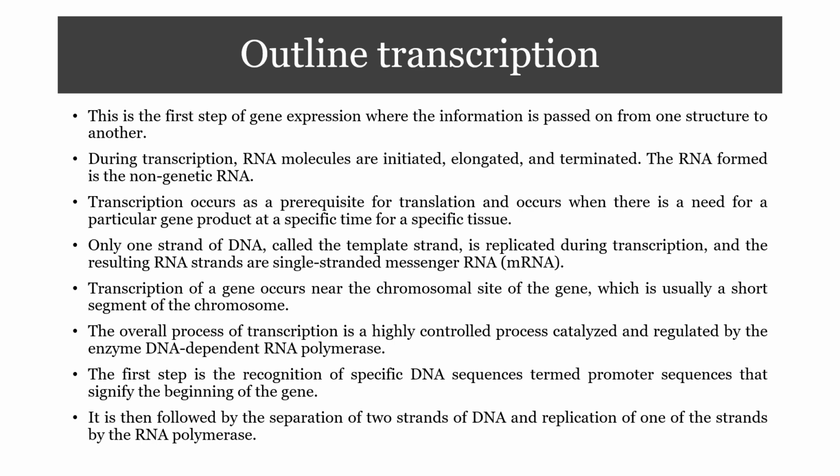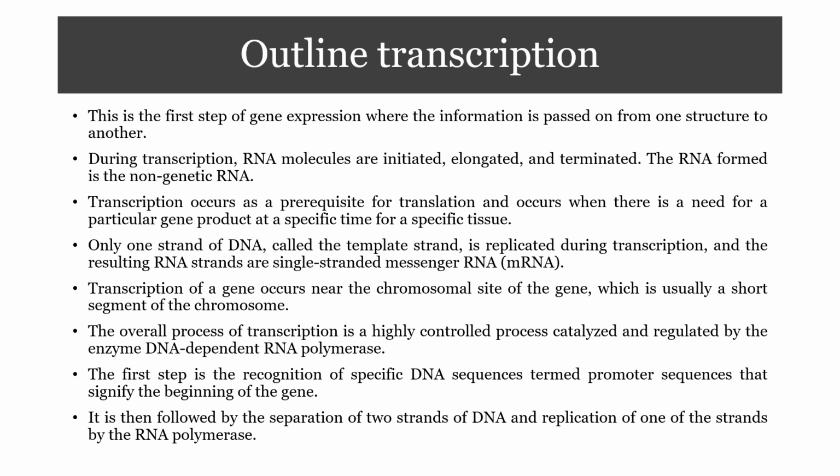Only one strand of DNA, called the template strand, is copied during the transcription, and the resulting strand is single-stranded messenger RNA. Transcription of a gene occurs near the chromosomal site of the gene, which is usually a short segment of the chromosome. The overall process of transcription is a highly controlled process, catalyzed and regulated by the enzyme DNA-dependent RNA polymerase.